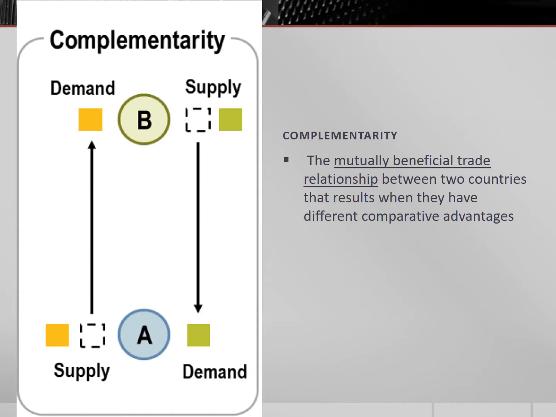Because of comparative advantage and complementarity, global output of goods has increased dramatically as countries produce more goods more efficiently. As a result, international trade has skyrocketed in the last century.